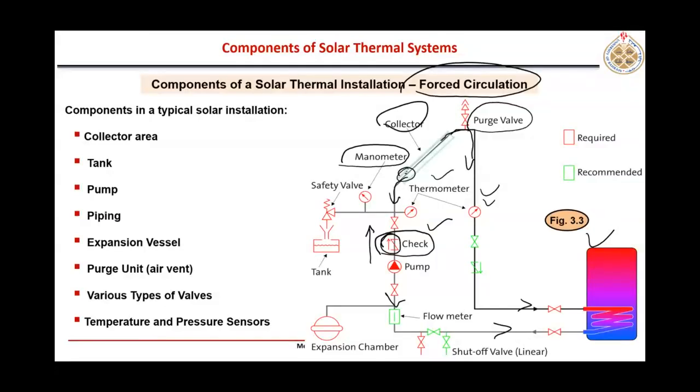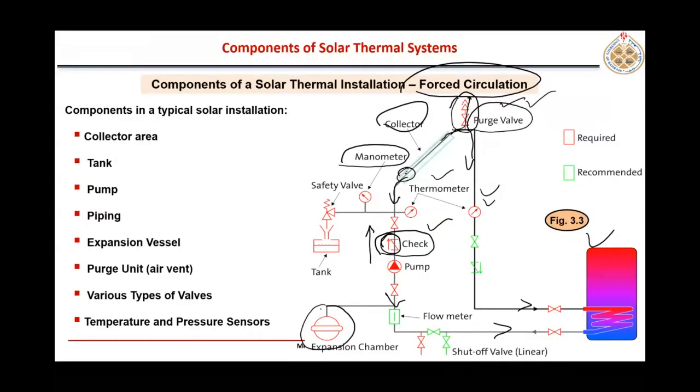There is this purge valve that is used to remove the air particles in that fluid flow. It is normally installed at the top of that circuit, so that whatever air particles are there should be removed with the help of that purge, or air vent, as it is also called. This is normally used in these solar thermal systems.